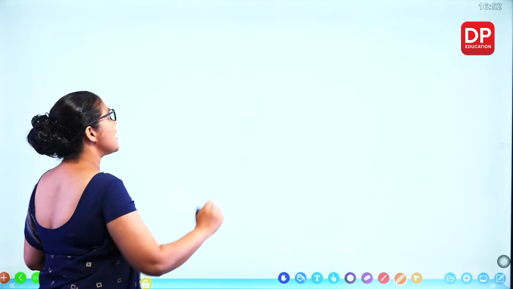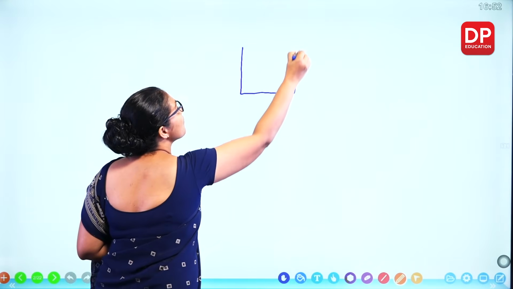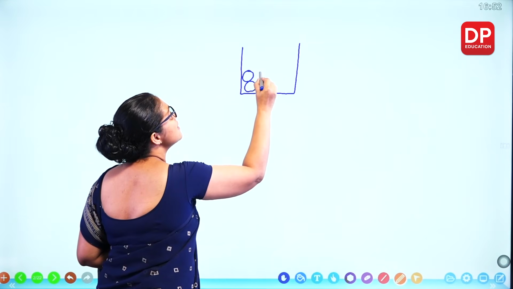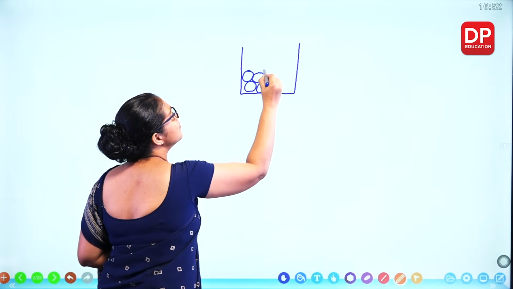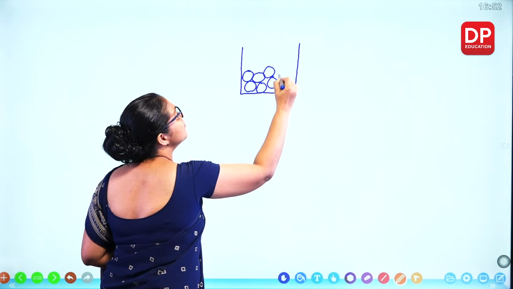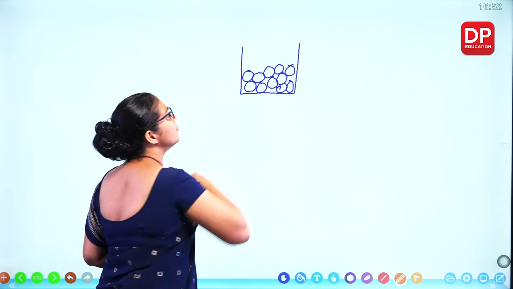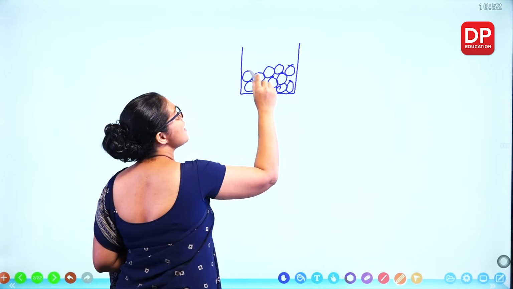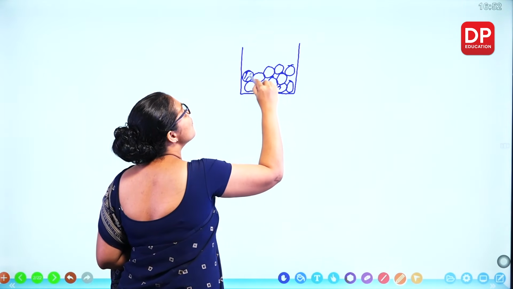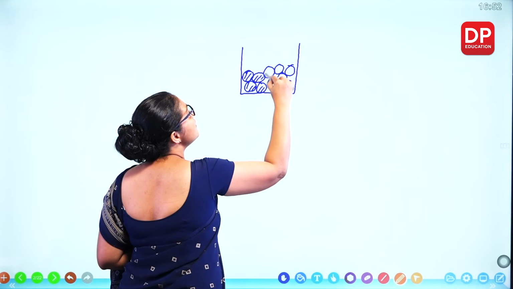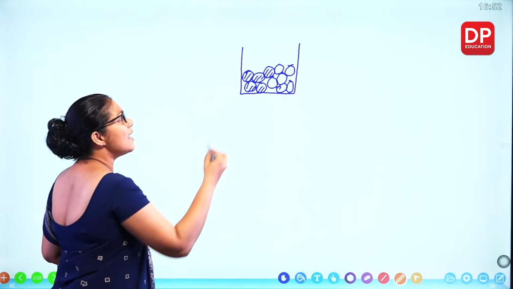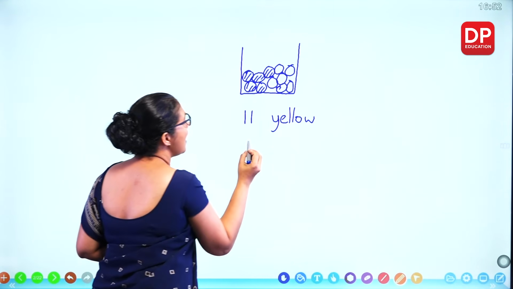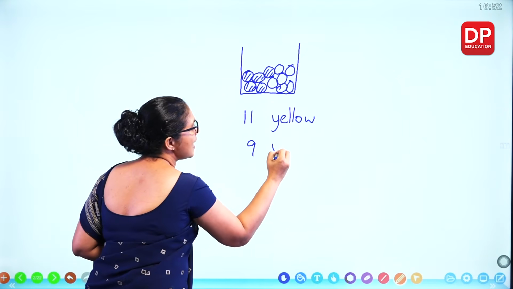Let's take another example. There are 20 eggs inside a container. Assume there are 20 eggs. 11 eggs are yellow yolked ones, so yellow ones 11 and 9 white eggs.